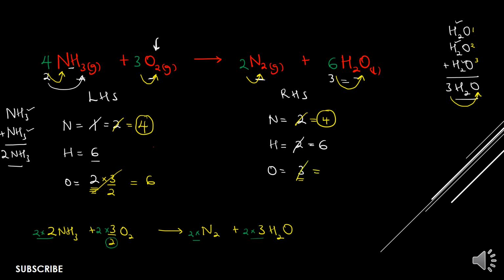So this is also 6. So as you can see, my equation is actually balancing out on its own. And then lastly, we have hydrogen. 4 times 3, that is 12. So here we have 12. And then we have 6 times 2, which is 12. So all atoms, nitrogen 4 to 4, hydrogen 12 to 12, and oxygen 6 to 6. And that is balancing chemical equations.